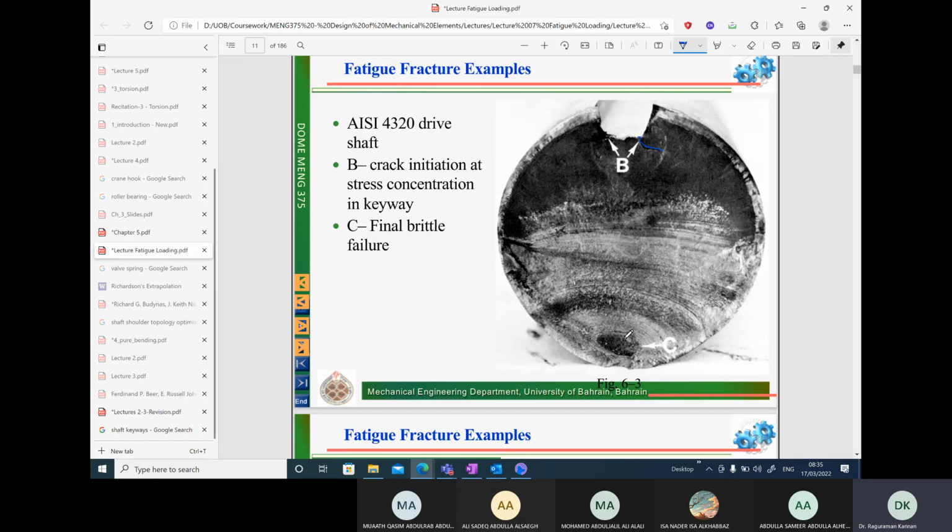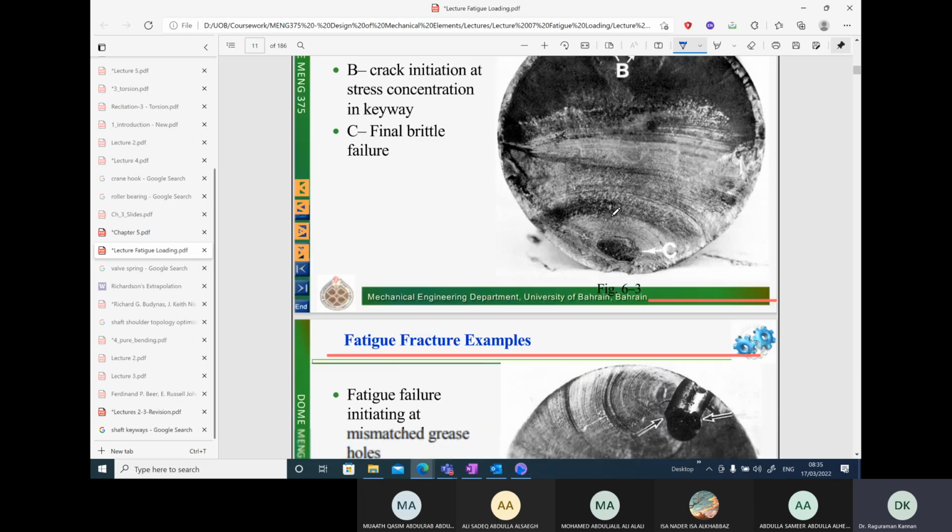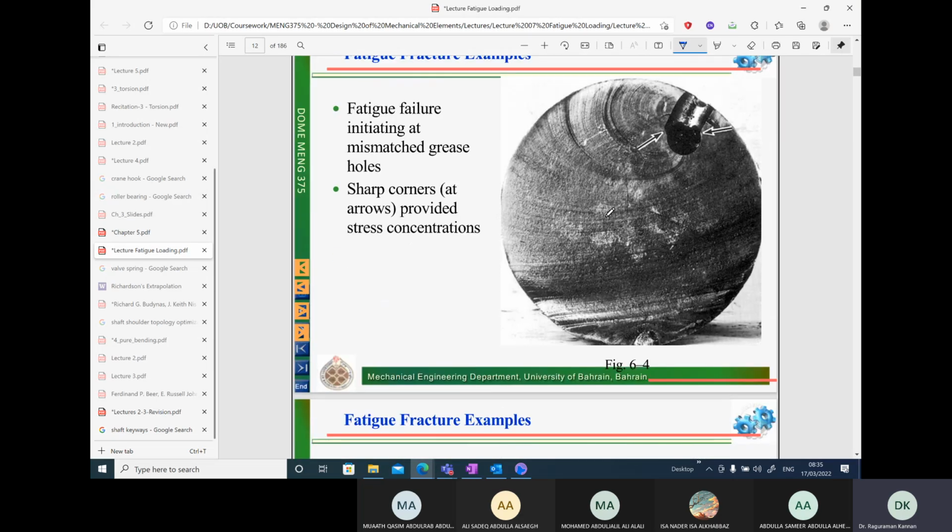Here we can see the area which was in contact, which underwent brittle fracture in the last stage, is very, very small. So since this is very small, it means low nominal stress fatigue failure has happened. And most probably the shaft has undergone huge number of cycles before failure. So just looking at the fracture surface, we will be able to figure it out.